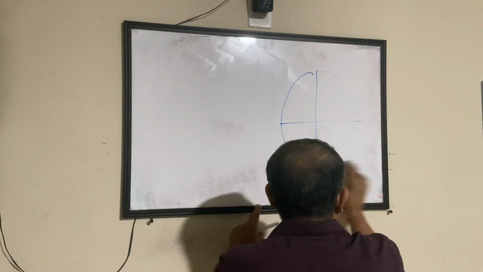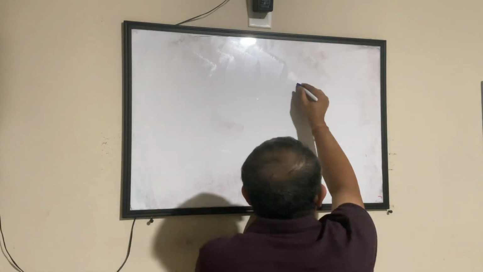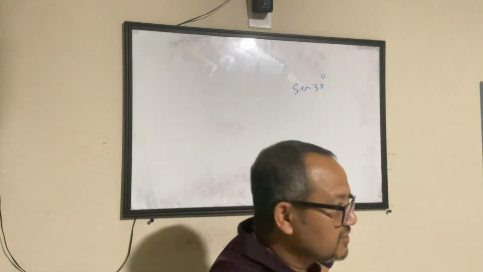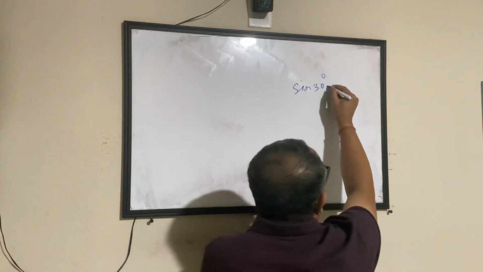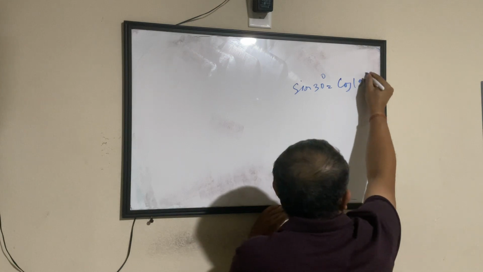So like we learned from the complementary angle thing, if you know the value of sine 30 degree, this gives us a lot of information with respect to how I can derive some other values. The complementary angle theorem says sine of theta equals cos of 90 degree minus theta.